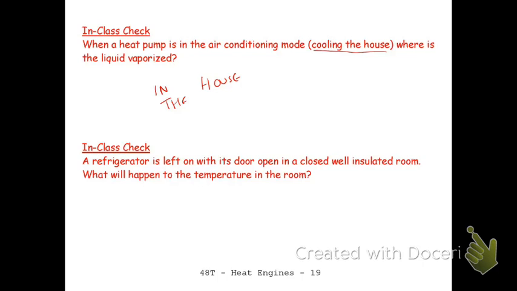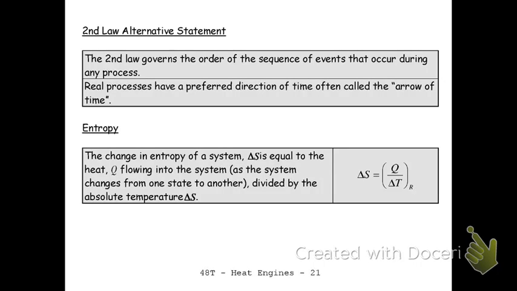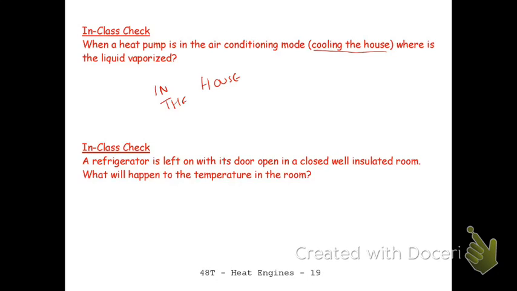And then if the refrigerator is left on with its door open in a well-insulated room, this is where we're going to end. We've got no more after this. Oh, entropy, just know the name exists. If I leave a refrigerator with its door open, it's cooling the inside of the refrigerator, but it's heating up the back of the refrigerator.